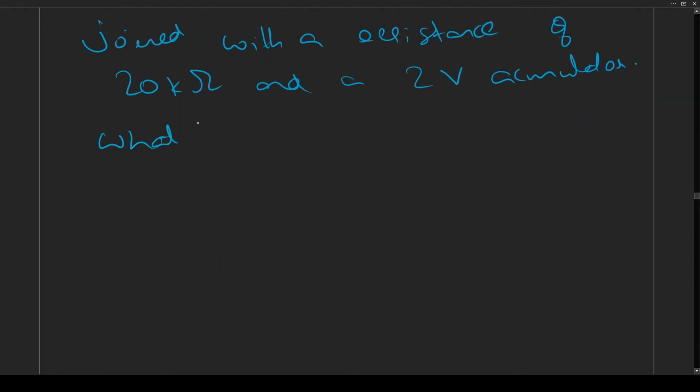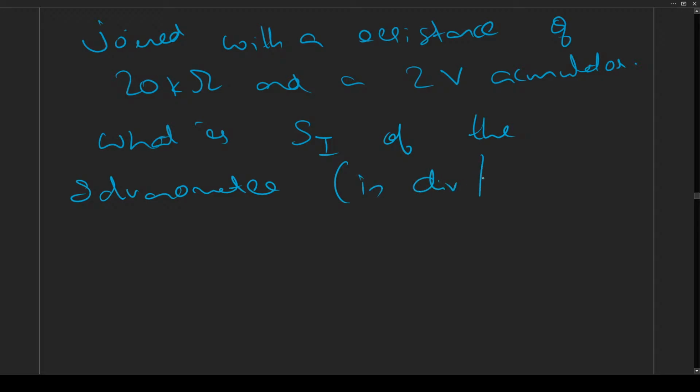What is the current sensitivity, SI, of the galvanometer? The unit for current sensitivity is division per microampere.